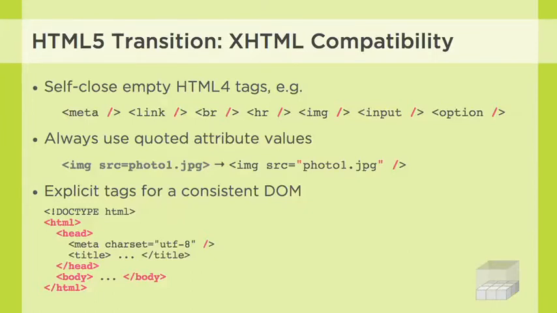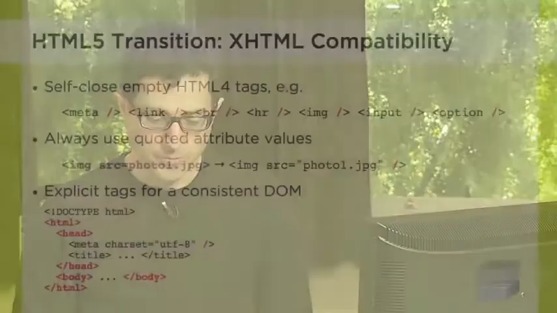So doctype HTML, and then we have our head tags, open and close, around the meta charset and the required title tag, and then we have the body tag as well. It's a little bit more typing or a little bit more of a template, but it's a small price to pay to keep your XHTML documents valid and still usable as XHTML.